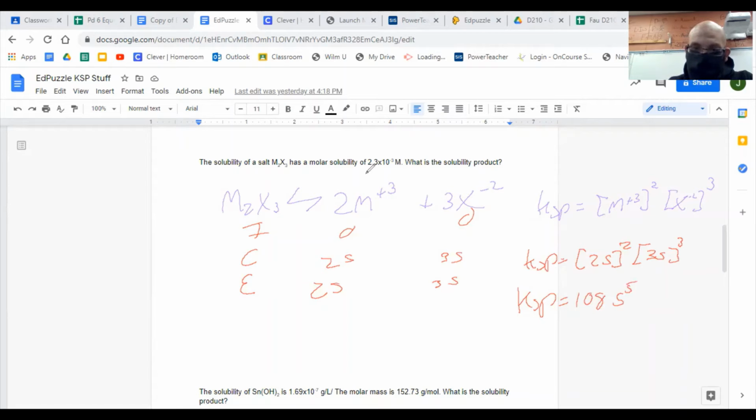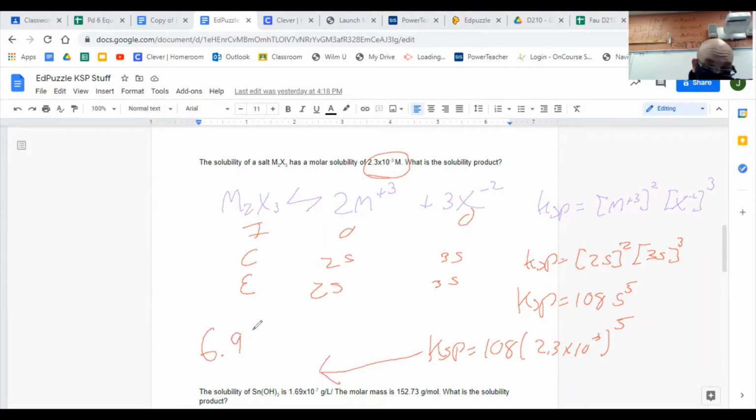And we know S is the molar solubility, so Ksp equals 108 times 2.3 times 10 to the negative third to the fifth power. It turns out the Ksp for this is 6.95 times 10 to the negative 12.